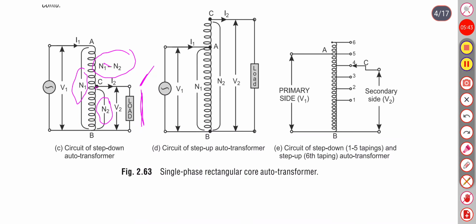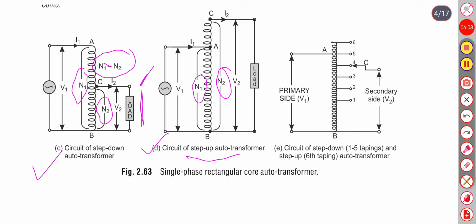In that case, this is called a step down transformer. Here in the second figure, the number of turns for primary are N1, whereas the number of turns for secondary are N2, and in this case N1 is less than N2. So this is called a step up transformer.